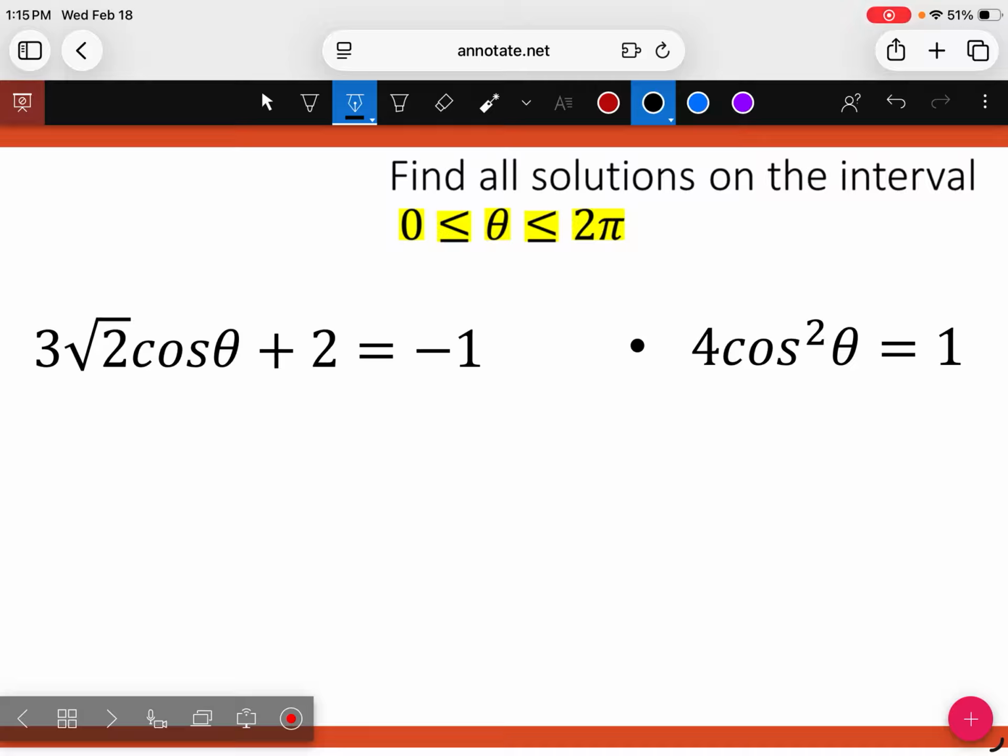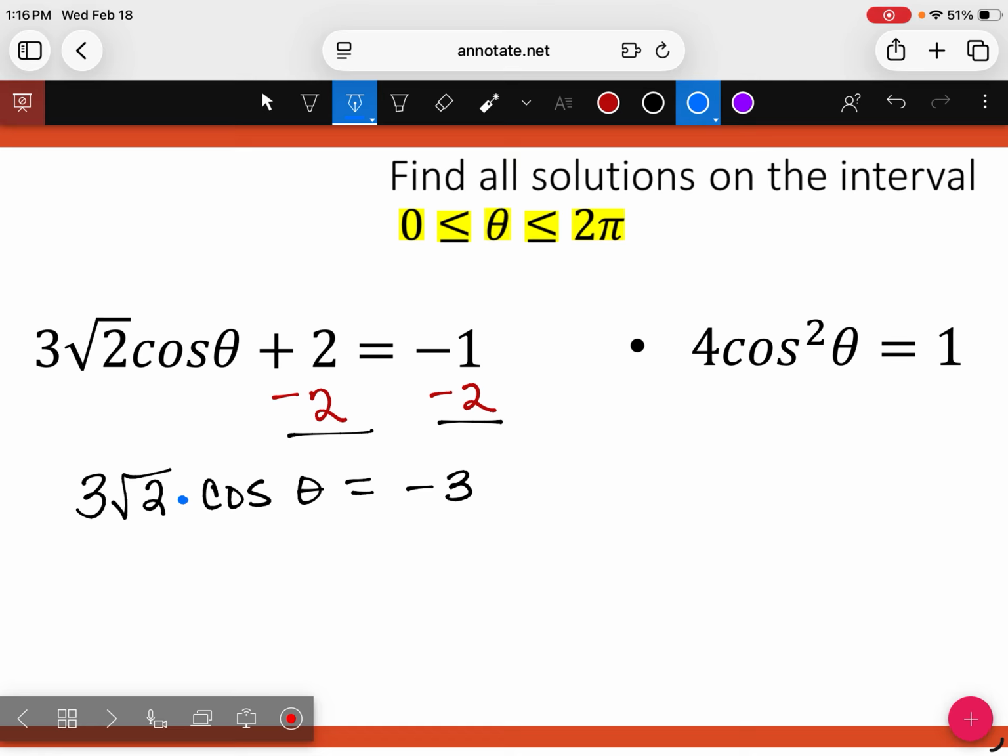All right, what do you think we're doing first? Subtracting the 2. So I have 3 root 2 cosine of theta equals -3. Now this is a number that's being multiplied. So I'm dividing both sides by 3 root 2.